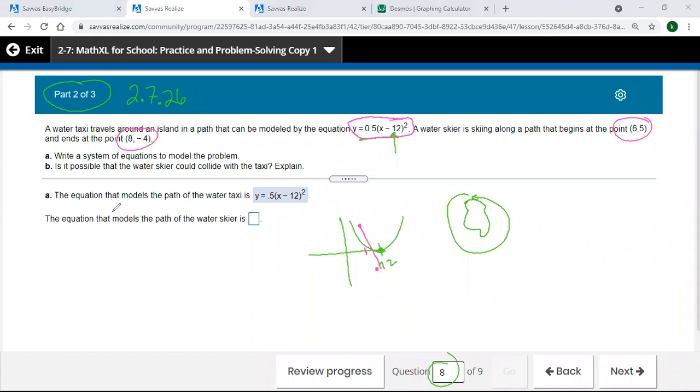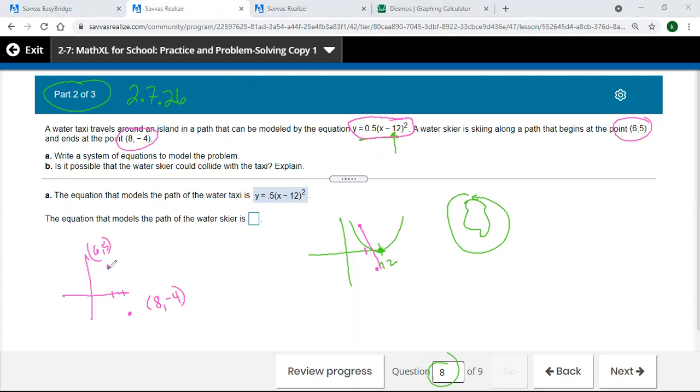So we have this 6, 5, then we've got this 8, -4 over here, further right and then down in the negative. Okay, and so we need the equation of that line right there that connects those two.